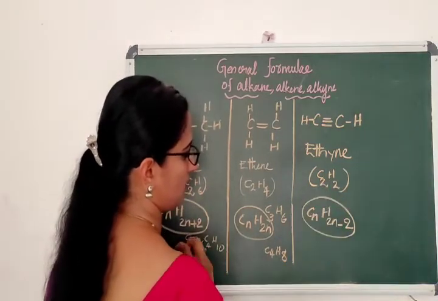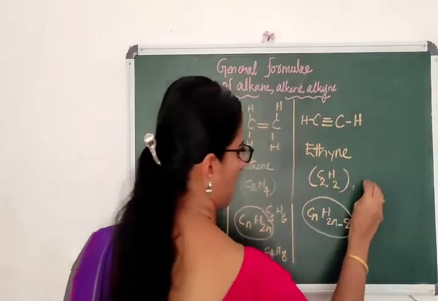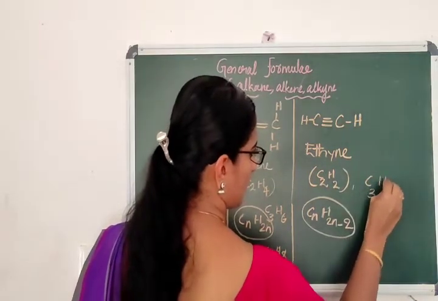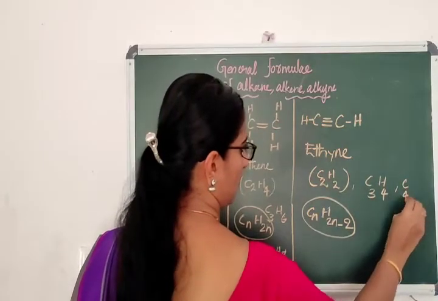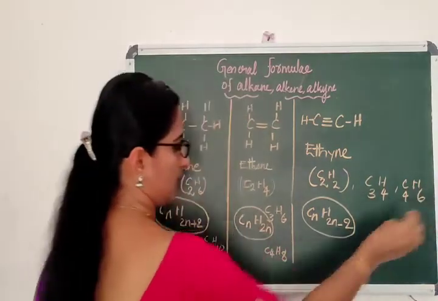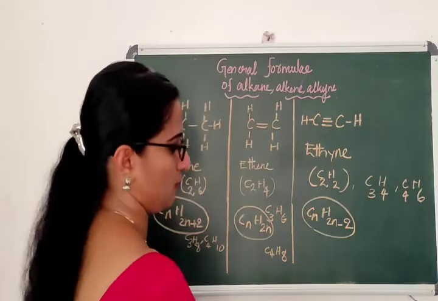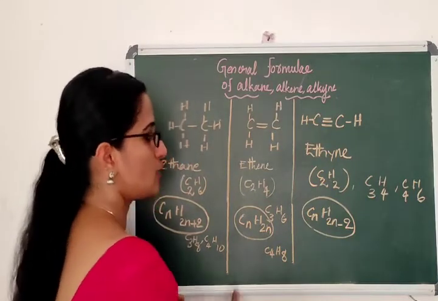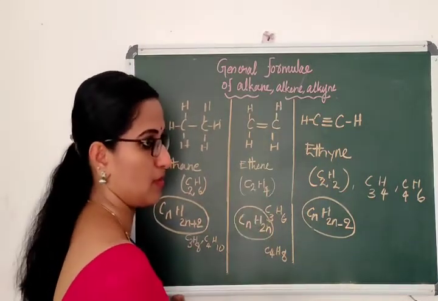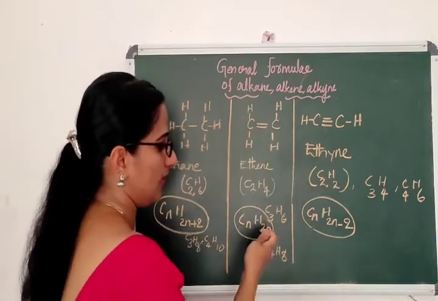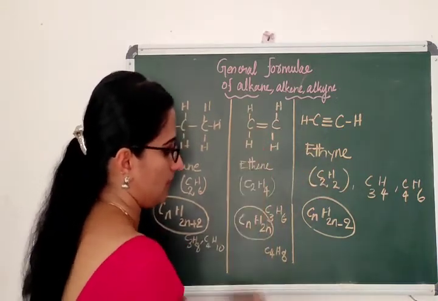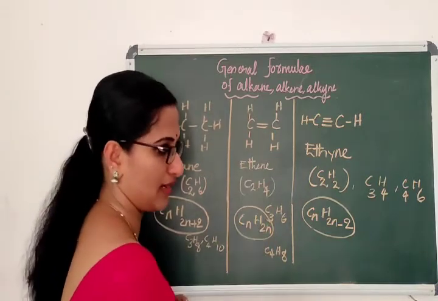Who is the next member after ethyne? It is propyne, C3H4. Who is the next member? C4H6. The series can be continued according to this general formula. Okay. So when bonds come in a particular chain, you can see that the total number of hydrogen decreased, but the series continuously goes like that.